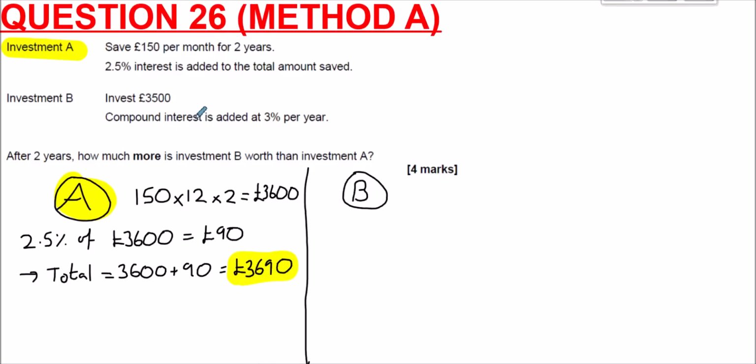It's compound interest added at 3% per year. So if 3% gets added, remember we always start with 100% of the value. So 3% is added, we can think of the original 100%, 3% added, which comes to 103%.